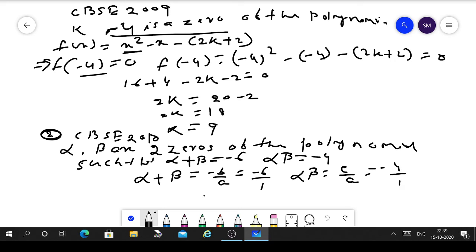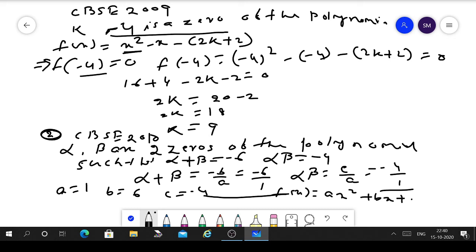Then we get a equal to 1, b equal to 6, c equal to -4. As we know f(x) is equal to ax square plus bx plus c, we put the values of a, b and c and find the polynomial.